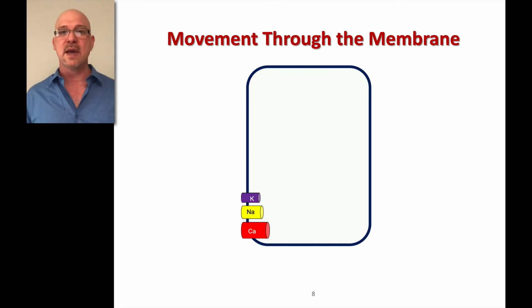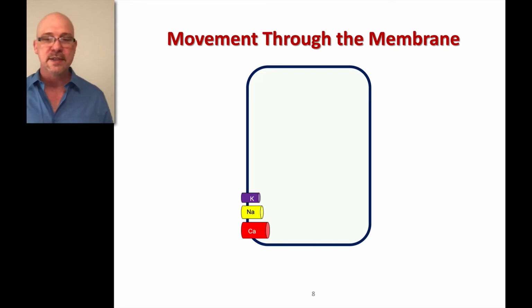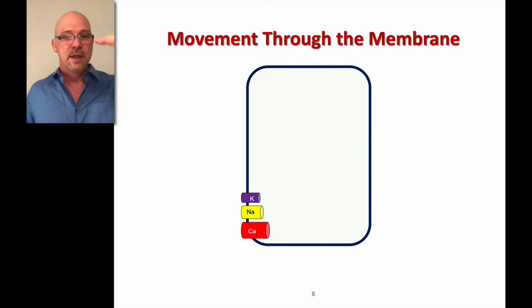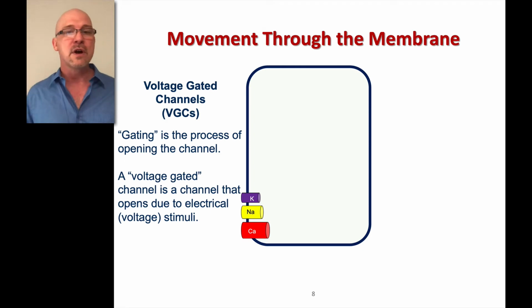So let's go back to this diagram of the cell. Here we've got our cell, and we've got 3 channels, and they actually are of varying physical size: the potassium channels, the sodium channels, and the calcium channels. They're sitting there, they're closed normally, and they don't allow anything to go through them. These are called voltage-gated channels, and gating just means opening it up or closing it.